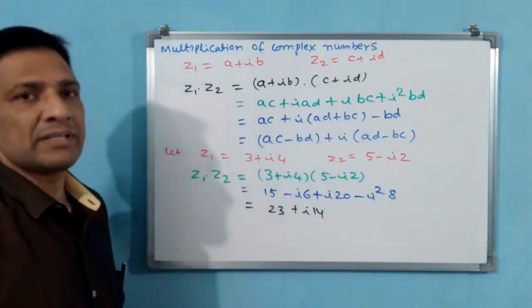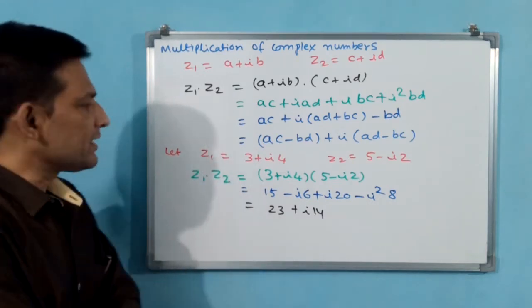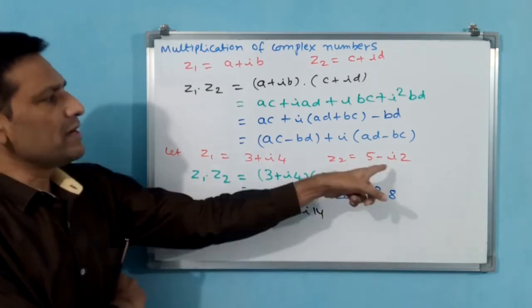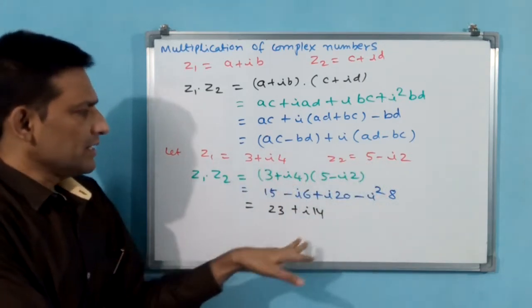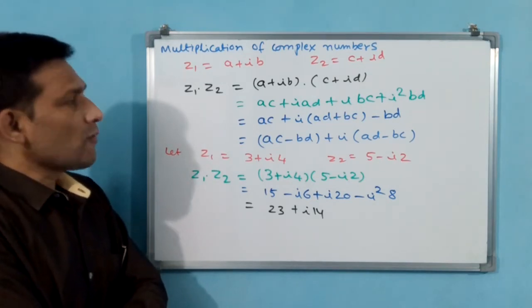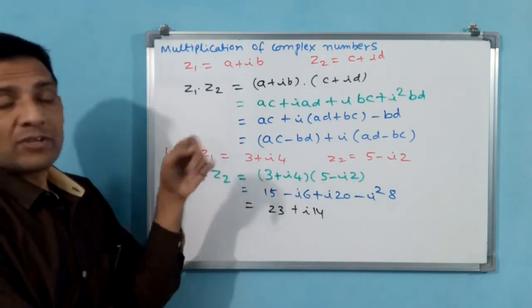Like this, you have to make a multiplication of complex numbers. You understand the concept? This is the best example. I have taken one negative, one positive number. Like this, it is going to come. Now, what do we do? We go for properties of multiplication of complex numbers.